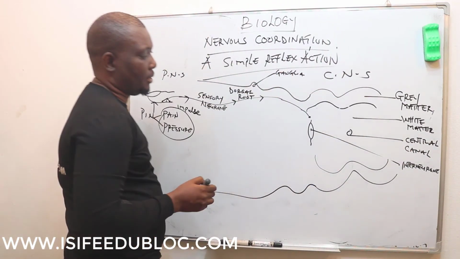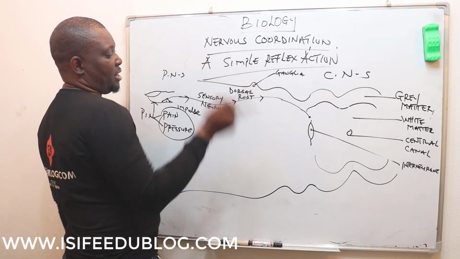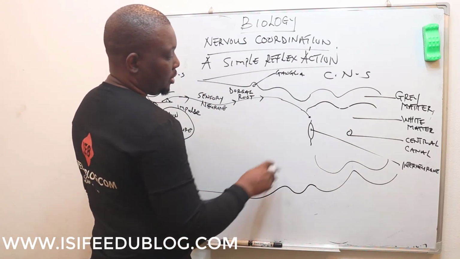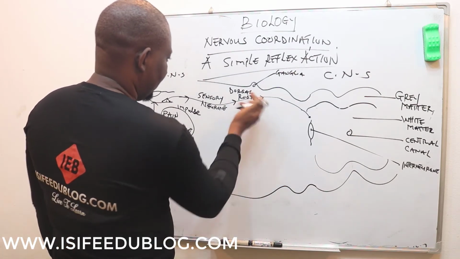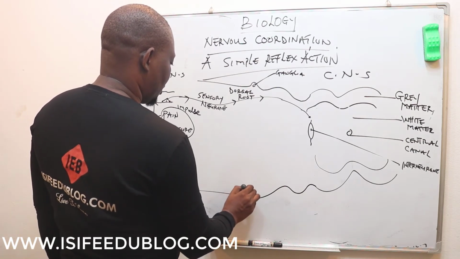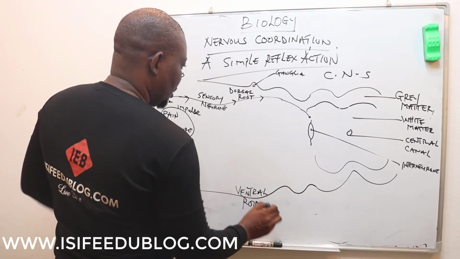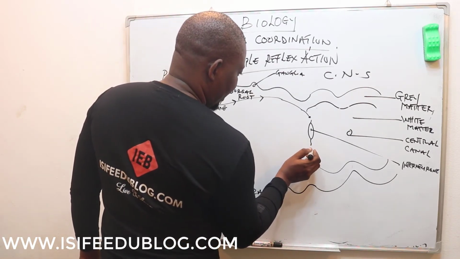Now the interneuron ensures that the sensory neuron coming from the dorsal roots does not mix or meet with the motor neuron leaving through the ventral roots. Since here is the dorsal roots, this side is the front side called the ventral roots. So the ventral roots is where you're going to have the motor neuron.